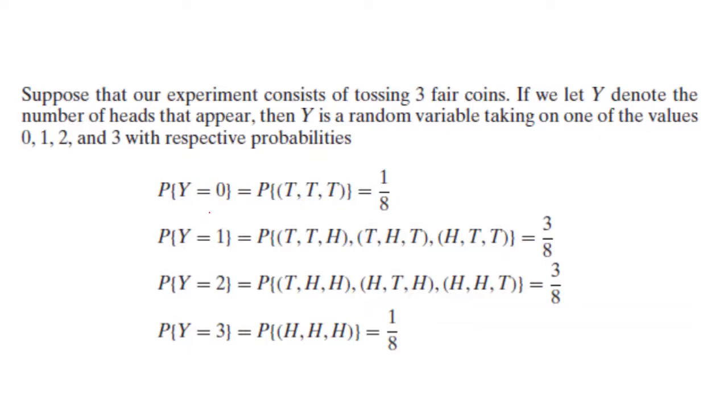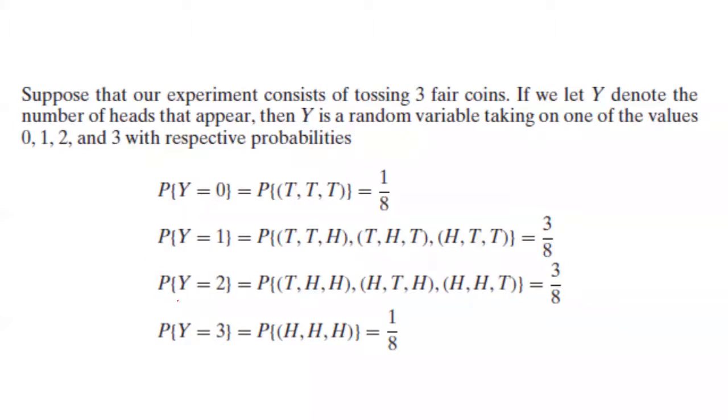So the probability of y being 0 is 1/8, right? And the probability of y being 1, that means you toss 3 fair coins and a head appears only once. This probability is 3/8, right? We can easily calculate this probability using our definition.